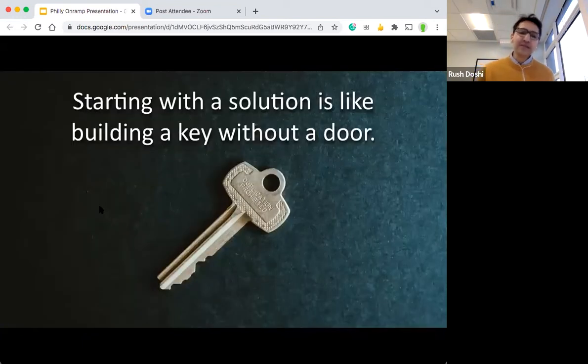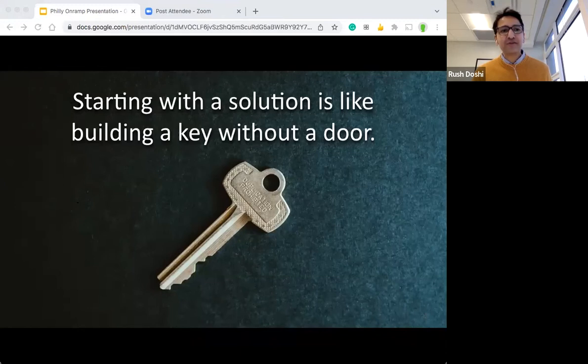But before going to lean canvas, the whole idea around this is easy to say but hard to practice, and I'm guilty of it myself a lot too, because quite often we have a tendency to fall in love with the solution, and so you sometimes start with the solution instead of knowing whether or not there's a door there.